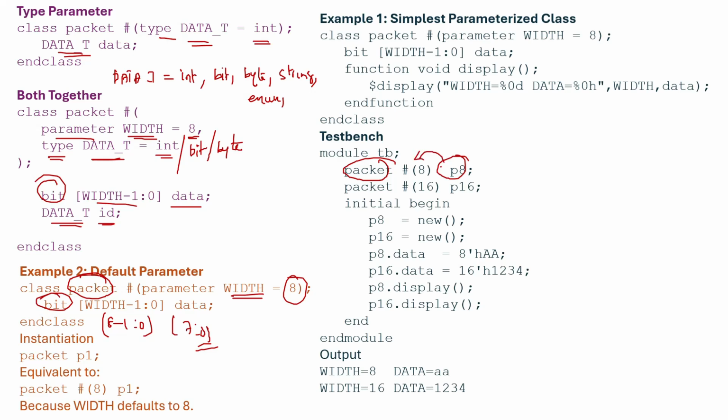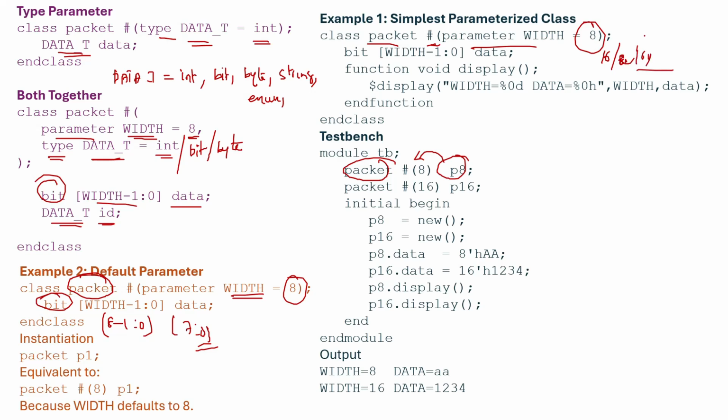Before that, you can mention how much width you want to override, and create another object with another width, either 16 bit, 32 bit, 64 bit, or 128 bit, however much you want. Here, class packet, hash, parameter width, so the width value will be changed to 16, 32, 64.